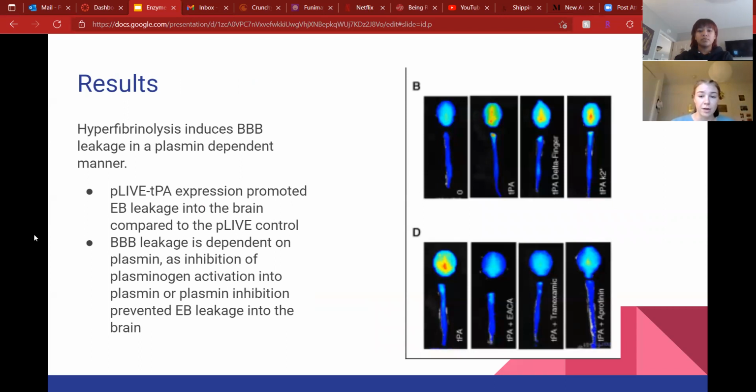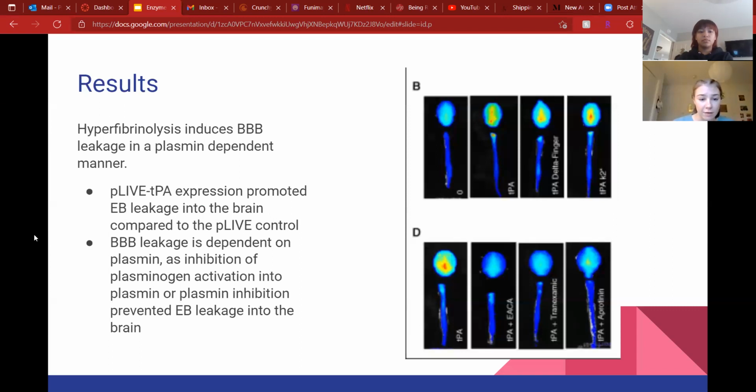So these are some of their results. Hyperfibrinolysis induces blood-brain barrier leakage in a plasmin-dependent manner. So the pLIVE tPA expression promoted leakage, which you can see with the EB dye into the brain compared to the pLIVE control.